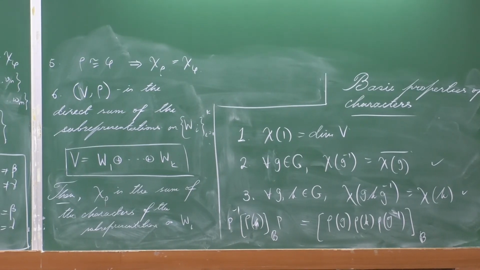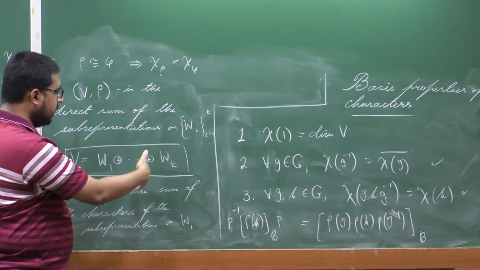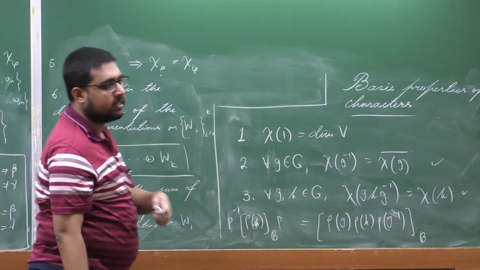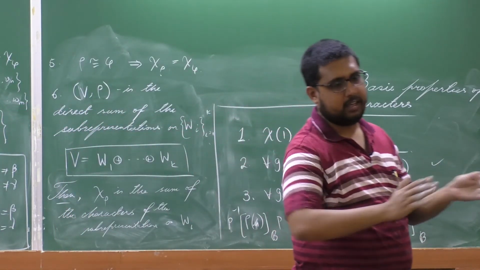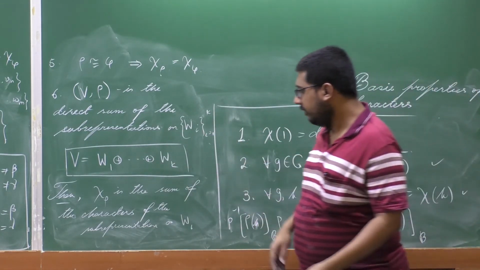So thus we obtain that the direct sum representation is isomorphic to the given representation rho on V. Now the rest is just the combination of 4 and 5. Okay, so therefore we see that if we can decompose a representation into several subrepresentations, then that gives us a decomposition of its character.